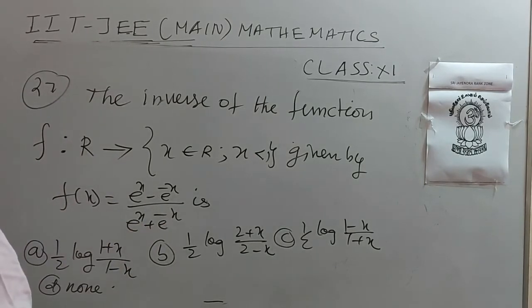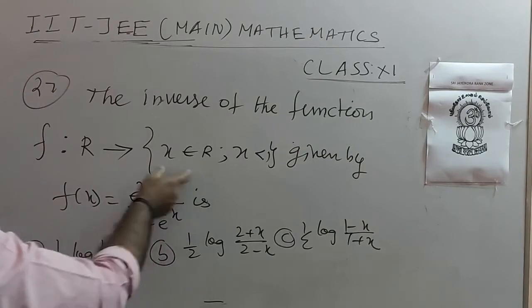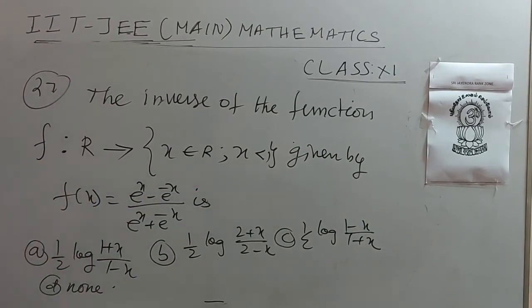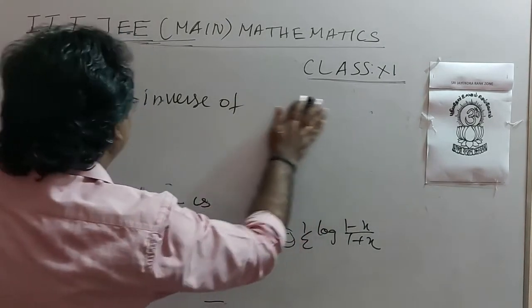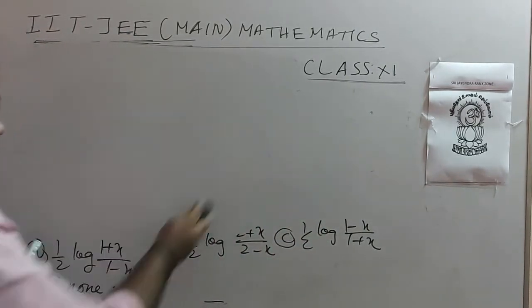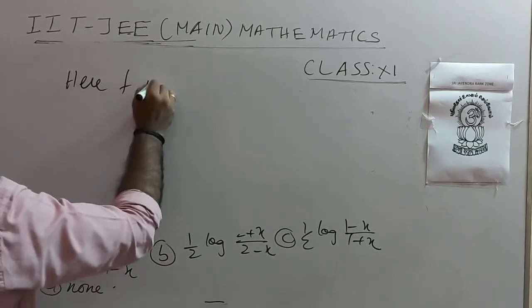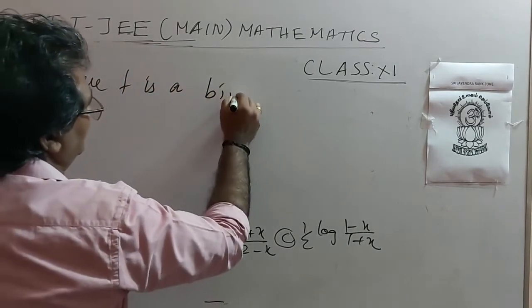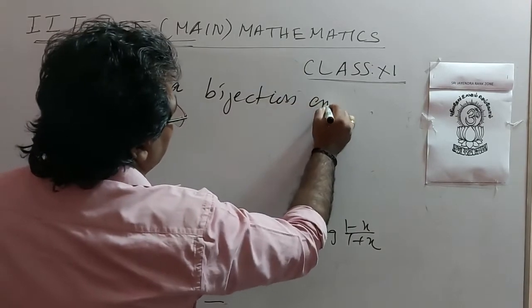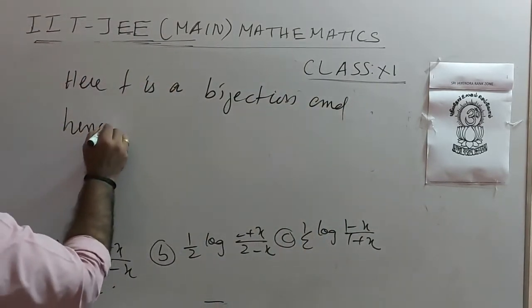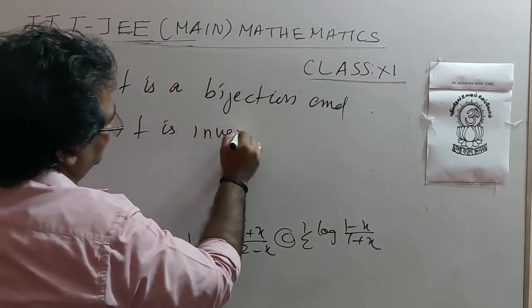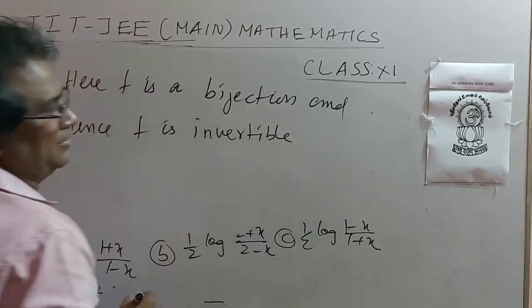At the same time, for each number in the given range you can find a pre-image, therefore it is a bijection and hence invertible.